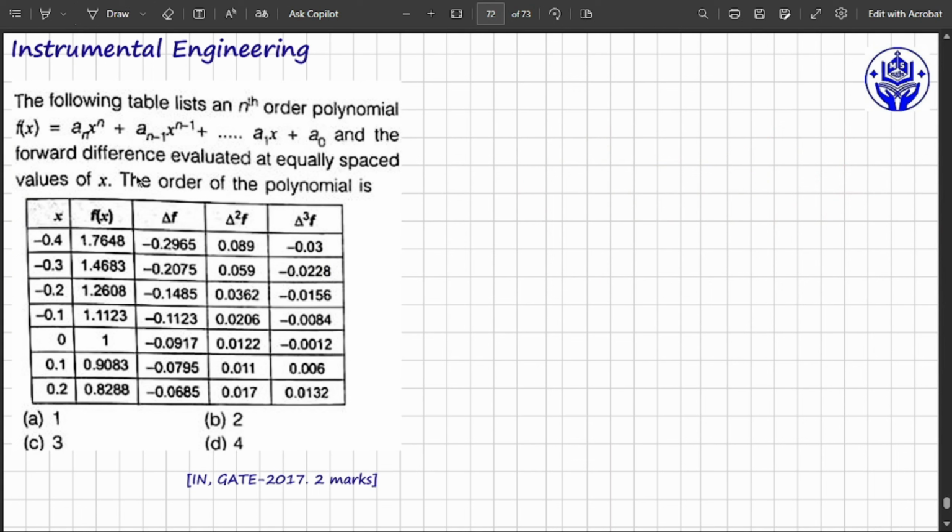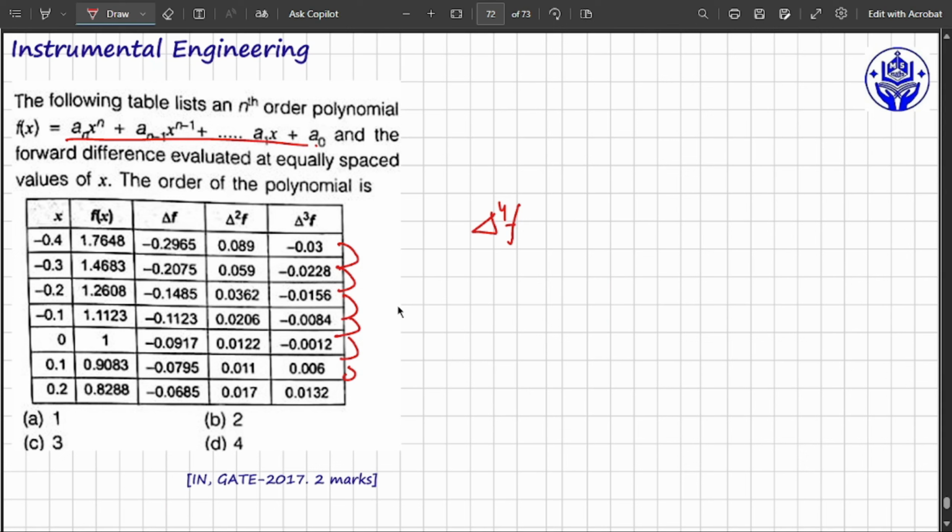Next, this is the question: the following table lists an nth order polynomial. It is a finite difference table, and in the following table, we calculate del 4f. How will you calculate del 4f? You will just subtract this and this, and we'll get del 4 and all the values in this case.